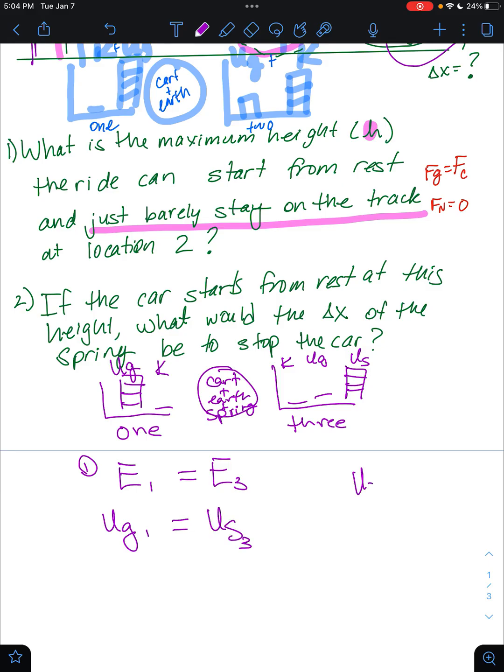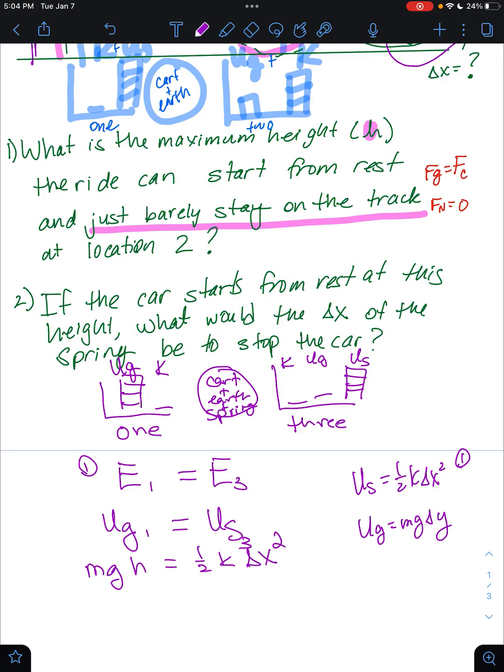And I should write the equation for spring energy all by itself, just in case I did something else wrong here. I've already written my equation for gravitational energy from before, but it doesn't hurt to just do it again here. And now I'm going to plug in the specific variables. So this is mgh, turns into 1/2 k delta x squared.